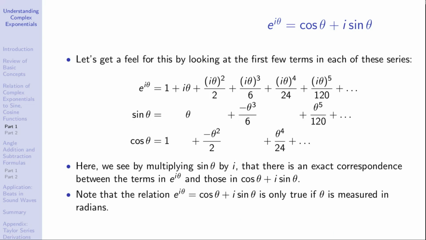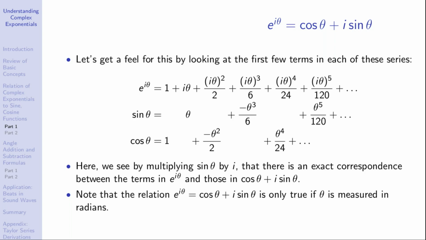Okay, so let's get a feel for this by looking at the first few terms in each of these series. So here we've written out the first 7 terms in e^(iθ), the first 3 terms in sine θ, and the first 3 terms in cosine θ.